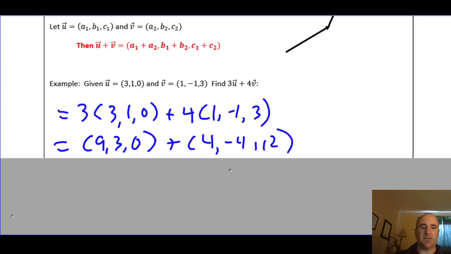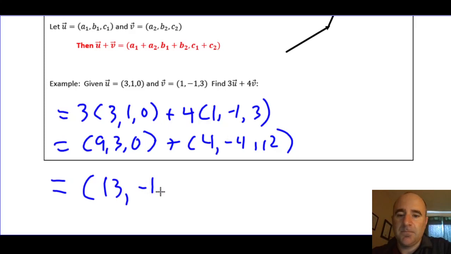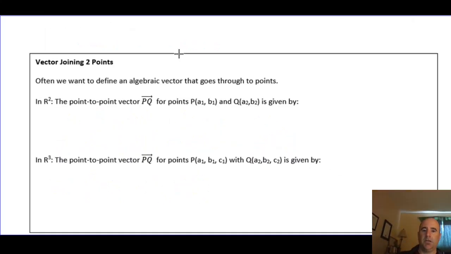Then to add those vectors together, we just add the components. That gives us a final answer of (13, -1, 12). Done. So hopefully most of those operations are pretty straightforward.